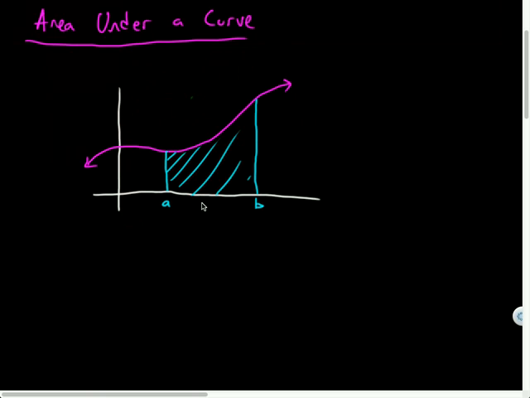If you were working with solids at some point in three-dimensional calculus, you would take this area and then rotate it around a point in 3 dimensions and then get like a donut-shaped thing that's got like a volume with this curve as part of it. You can do all sorts of crazy things with it. But that's what we're going to be looking for. So how could we find the area underneath that curve?